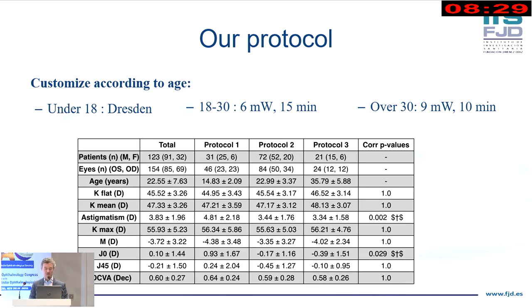We have just reviewed our data, and you can see the three groups are similar, but of course the age is different in every group. The children also had bigger astigmatism, but that's how our cohort went.